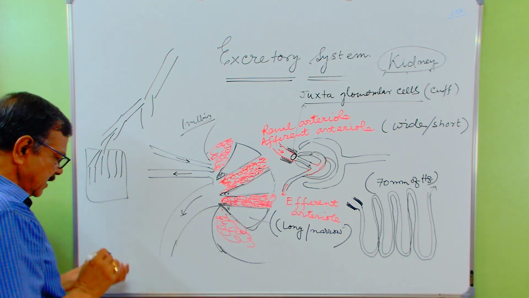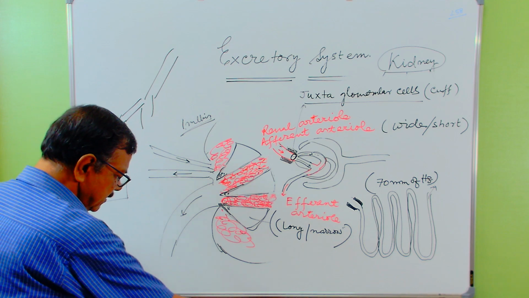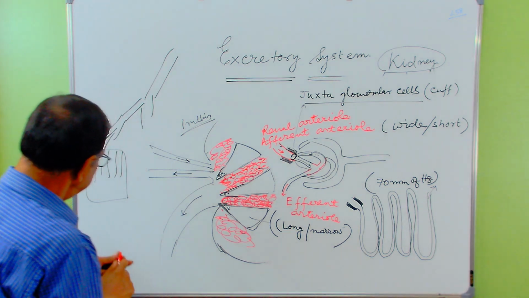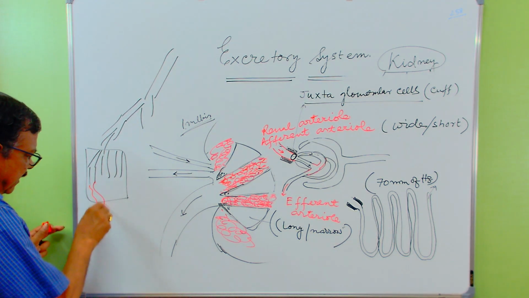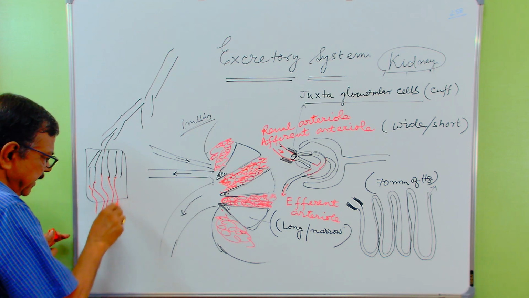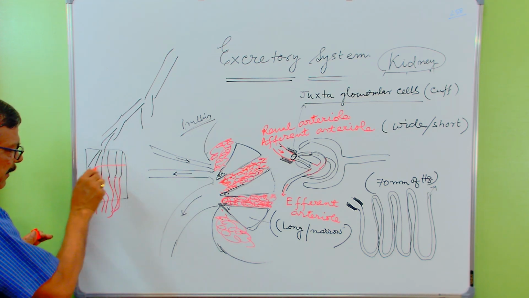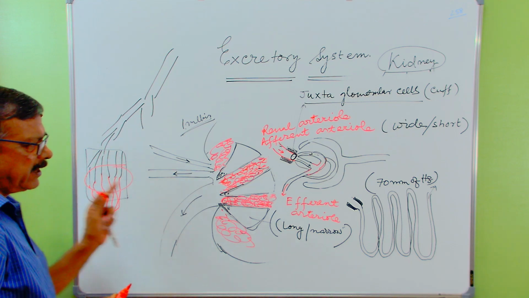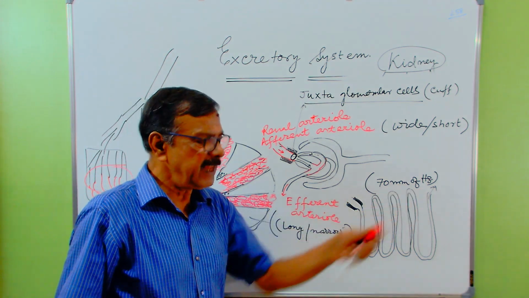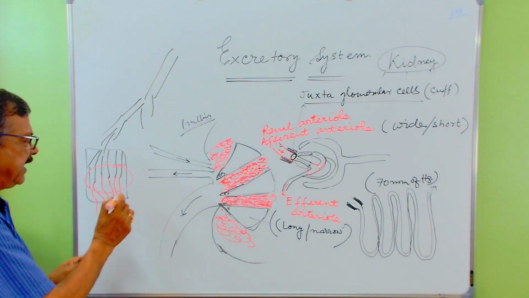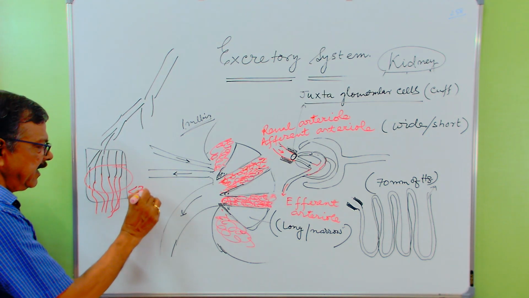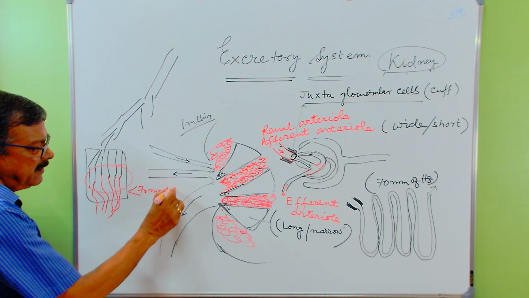These capillary networks bring blood coming out as venules. So these capillary networks do not have this type of 70 mm of Hg. It is less than 70 mm of Hg.